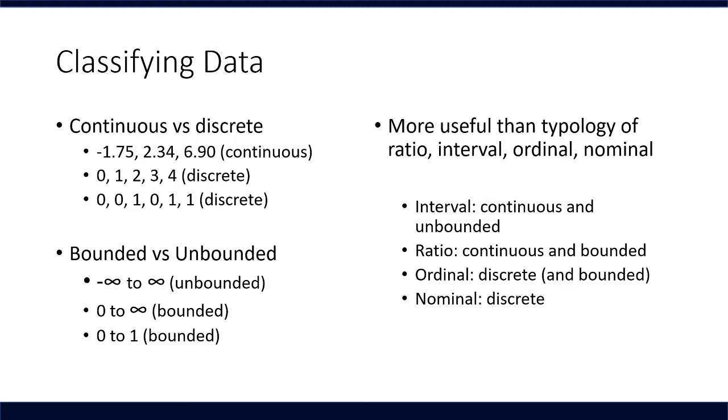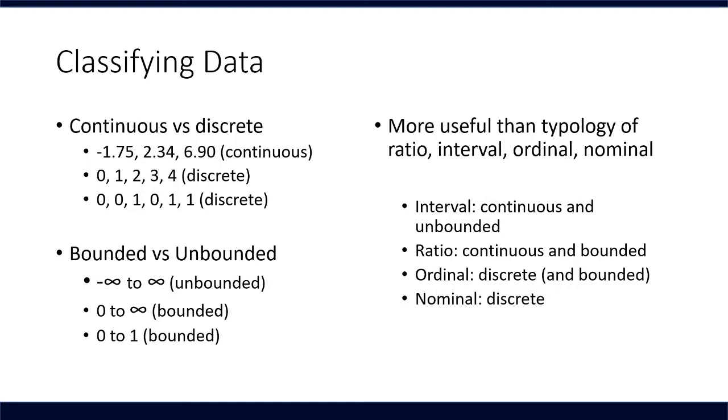Out of these terms, I think that ordinal is the only one that I regularly use. I don't really describe data as being interval or ratio, but I will describe data as being ordinal when there is a rank order to the data, when you've got these different discrete groups or categories, that there is an order to them.